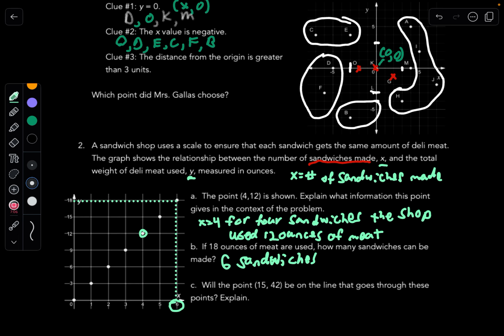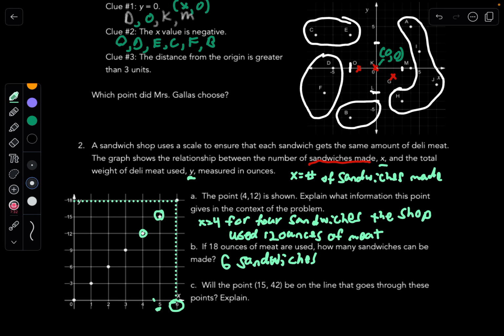Will the point (15, 42) be on the line that goes through these points? Explain. Well, notice 15 is 3 times 5. Here's the point, that's 5 comma 15.